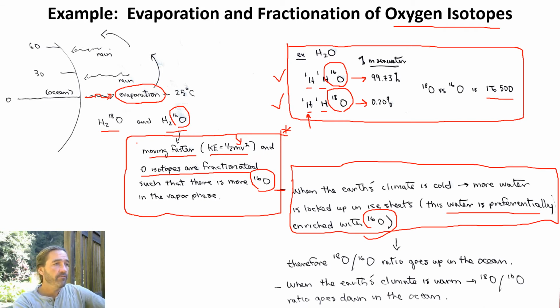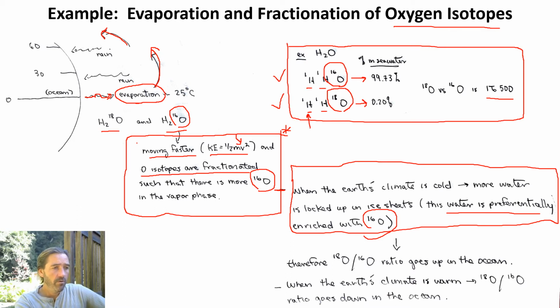That evaporated water condenses, it moves towards the poles, and then it precipitates in the form of ice and gets locked in those ice sheets. So that reservoir of water contains a lot of oxygen 16.